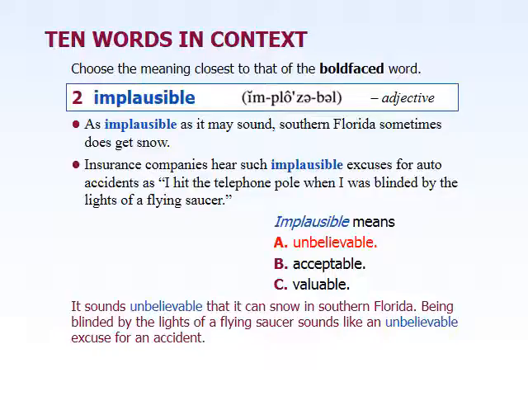So in the first example, it says as implausible as it seems, it actually snows in southern Florida. It means it's hard to imagine there actually being snow in southern Florida because it's such a warm part of the country. In the second example, these excuses are implausible because it's hard to believe that you were blinded by a flying saucer, something that doesn't even exist.